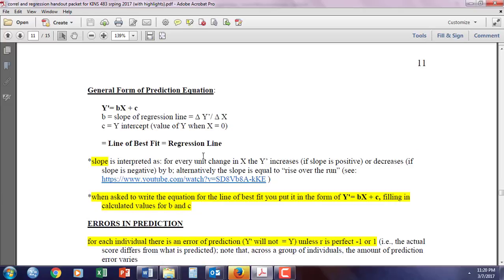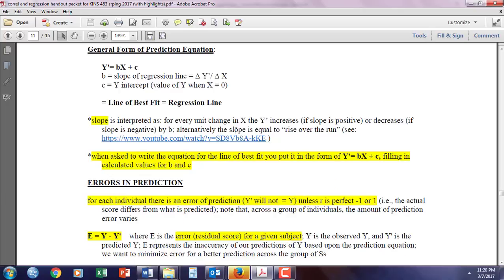The slope, again, is the change in y over the change in x, the change in our prediction for a given change in x, and the slope of the regression line is going to have the same slope or direction as does the correlation coefficient between these two variables. The c value is what we call the y-intercept value. It's the value of our y when our x is equal to 0.